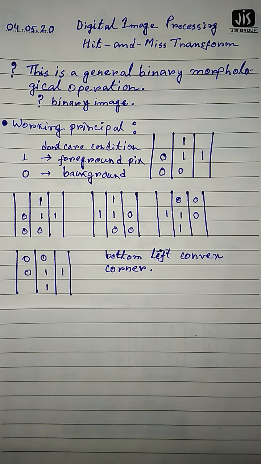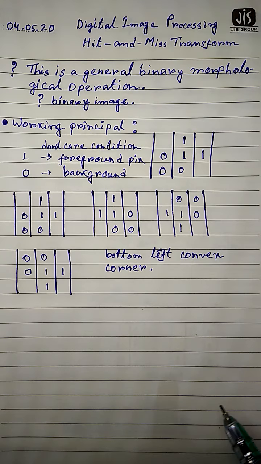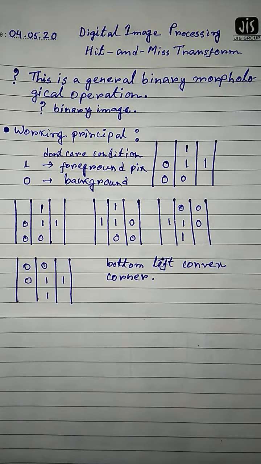Note that the simpler type of structuring element used with erosion and dilation is often depicted containing both ones and 0 as well. But in that case, the 0 really stands for don't care.